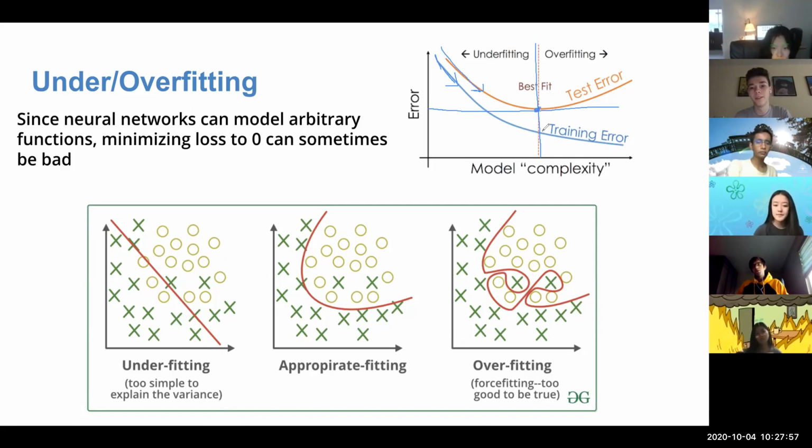After this point, even though you keep training, you might not be at the global minima, and you might still be able to decrease your loss further. But the test error is now going to go up instead of decreasing, because you're drawing this super squiggly line through your training set, which is not representative of your test set or the real world.